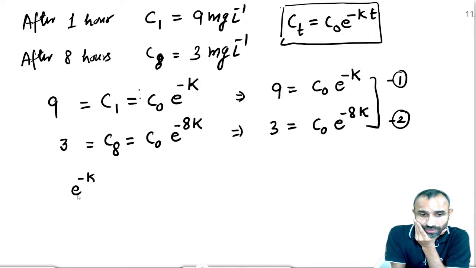Dividing, e raised to power minus k divided by e raised to power minus 8k gives 9 by 3.